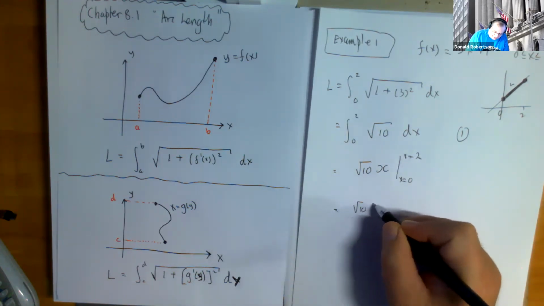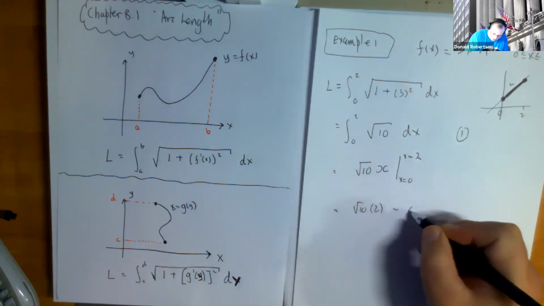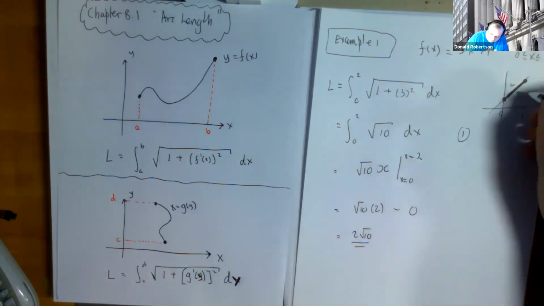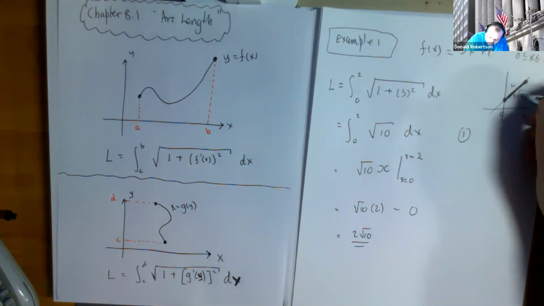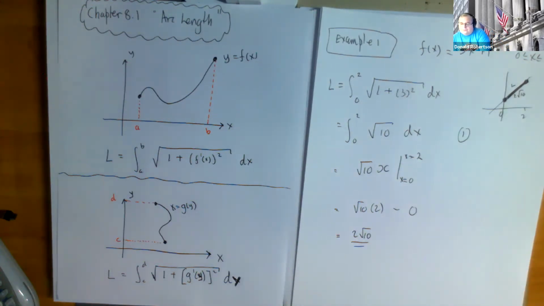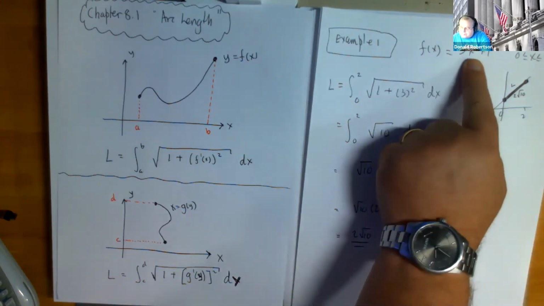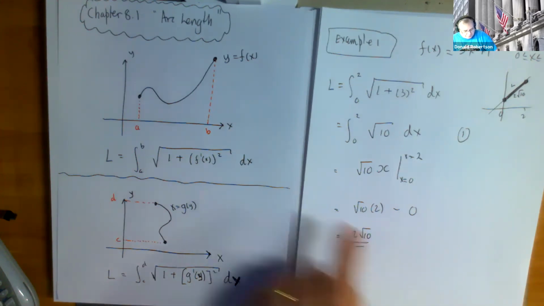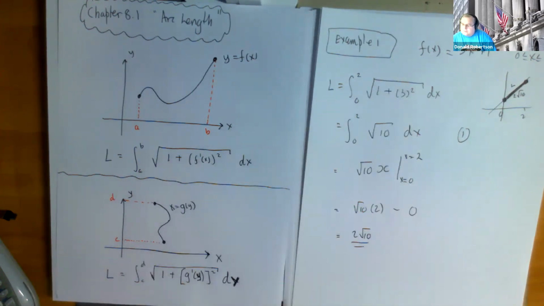That's square root of 10 times 2, take away nothing, and the answer is 2 root 10. A little bit quick, but does that process of how to find an arc length for a very primitive function seem pretty much use the formula, call it good?